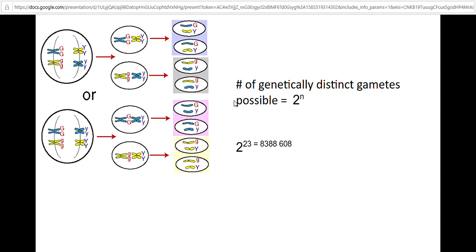The number of genetically distinct gametes possible is 2^n, where n represents the number of pairs of homologous chromosomes that a parent has.